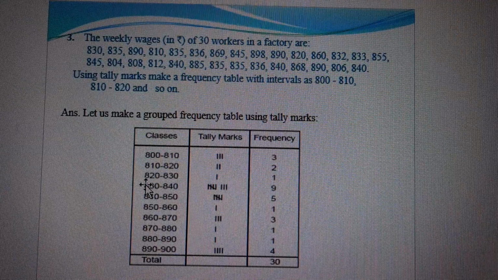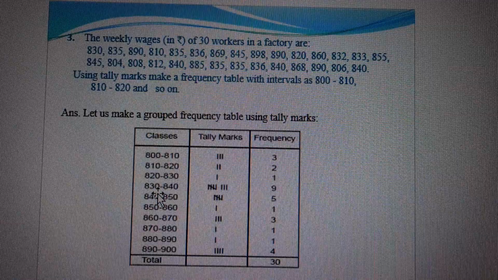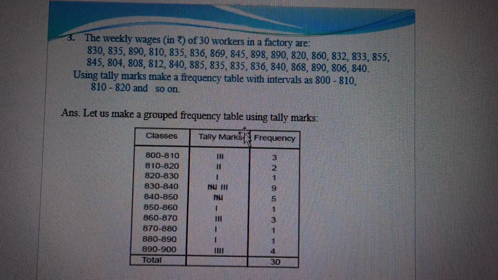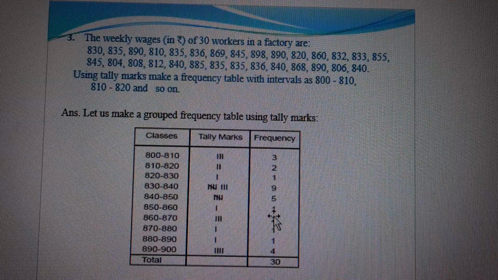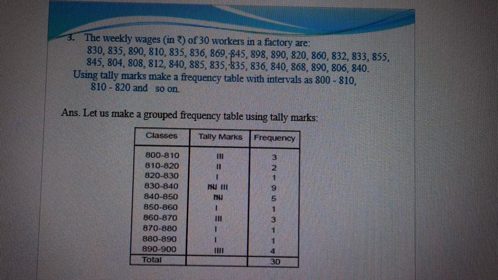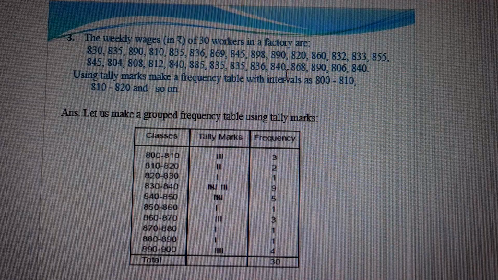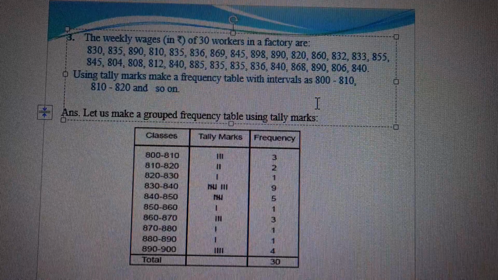So 820 will be included in the next class. 830 will be included in the next class, not in the previous one. So again tally marks and then frequency. In this way, if you add all this, your number should come to 30, because the wages of 30 people are given here. So this is the grouped frequency distribution table.